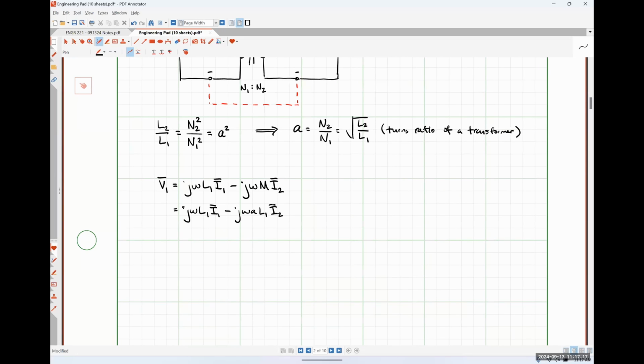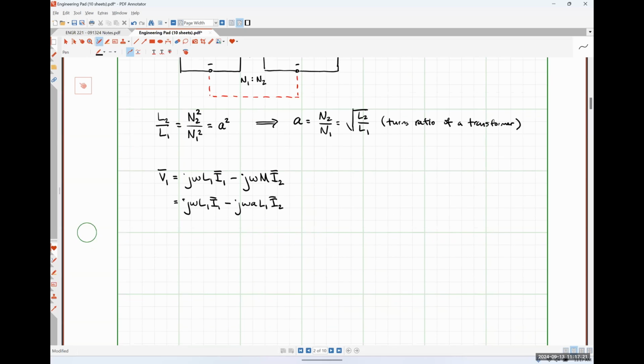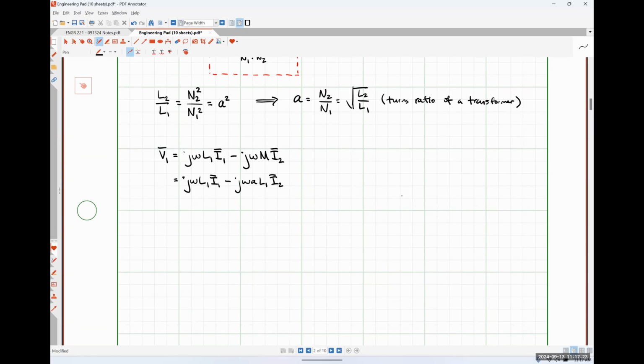I have a common factor of j omega L1 that I can now pull out of both of those terms, leaving me with j omega L1 times I1 minus A I2. Are we okay with that?